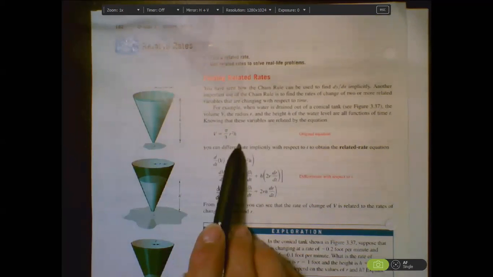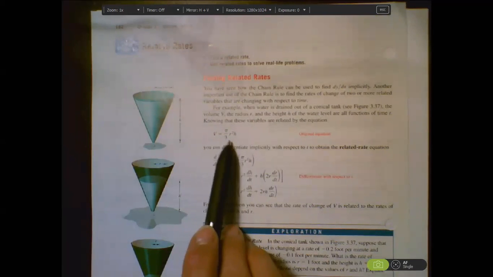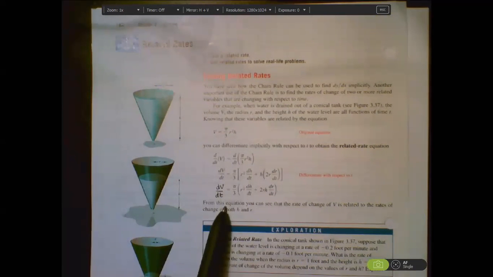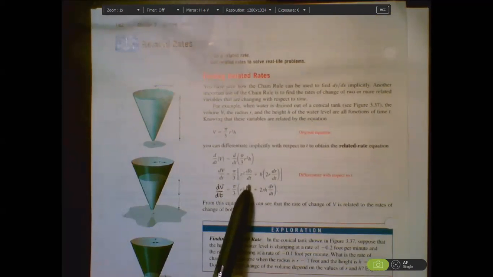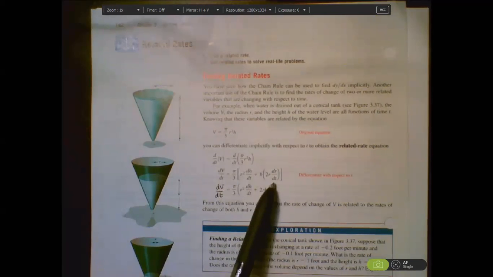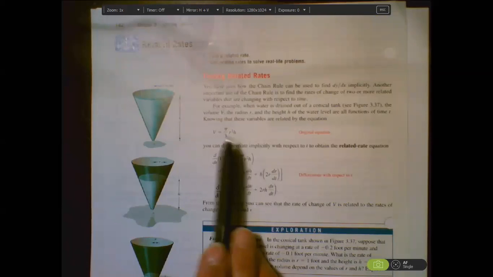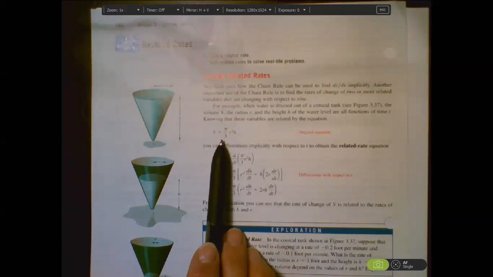If I give you the formula for volume of a cone, then you can find an equation for the rate of change in volume relative to the rate of change in height and the rate of change in radius. In other words, you can take the derivative of both sides of this equation with respect to time, because that's what a rate is. It's how fast something is changing.